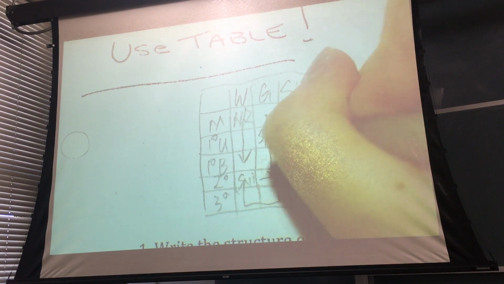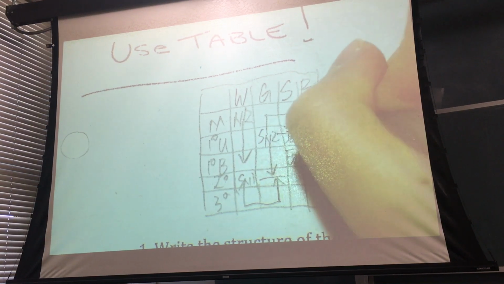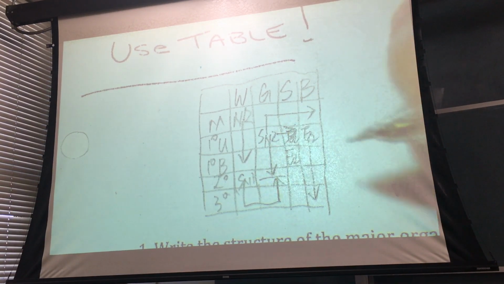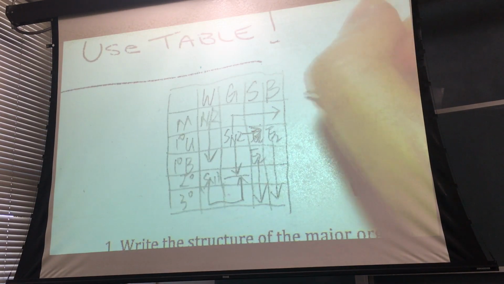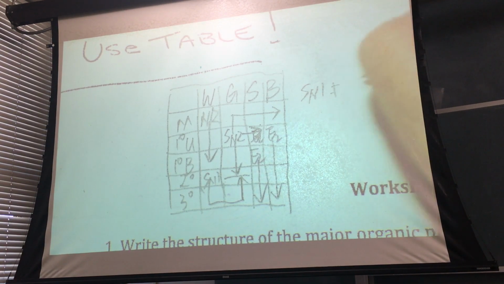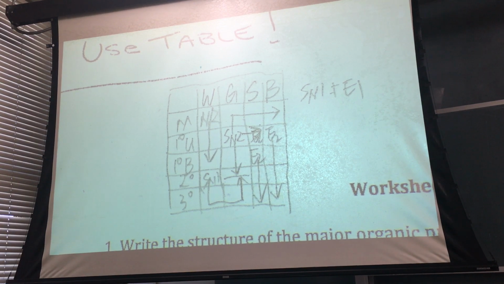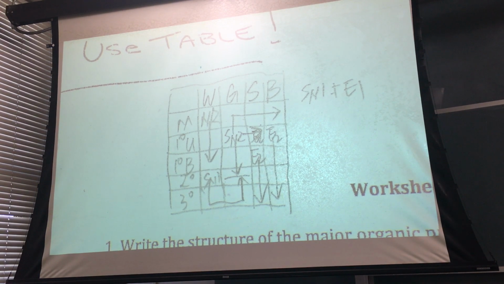Oh, SN2 here, E2 here, E2 here, E2 for the down, E2 for the down. That's down. And then whenever you have SN1, you always have E1. I just don't have enough space to write here. How many seconds did I take? You should be able to do that on your exam next Tuesday, okay? It's not hard.